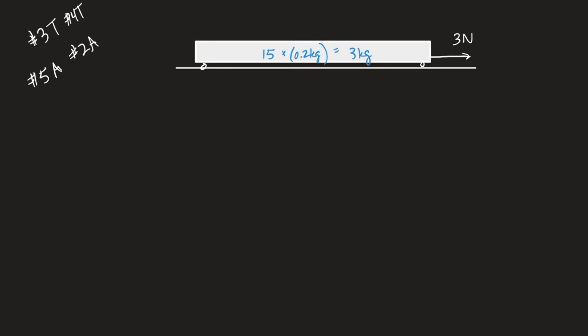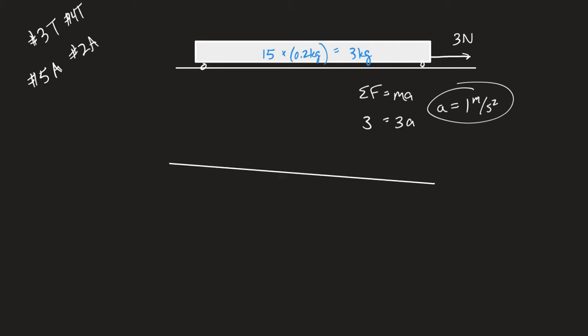If I treat it in this manner, the net force equals ma, or 3 newtons equals 3 times a. So a equals 1 meter per second squared for the whole train. Good so far? All right. So that means every single car experiences an acceleration of 1 meter per second squared.